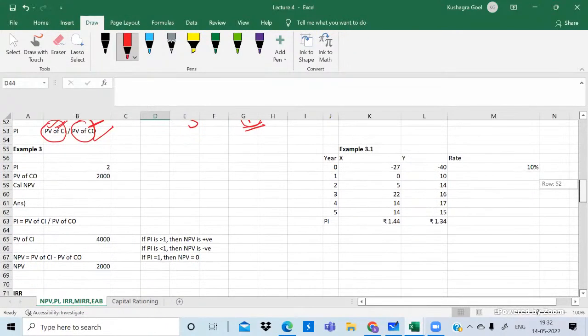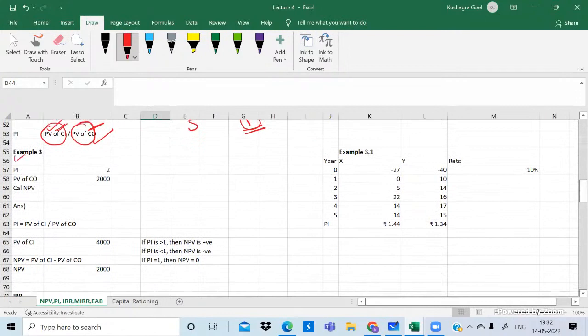Okay, so let's look at the first one. Let's look at this example, which is example number 3. In this question, they've already given you the profitability index. They're saying the profitability index is 2, which means present value of cash inflows upon present value of cash outflow is 2.